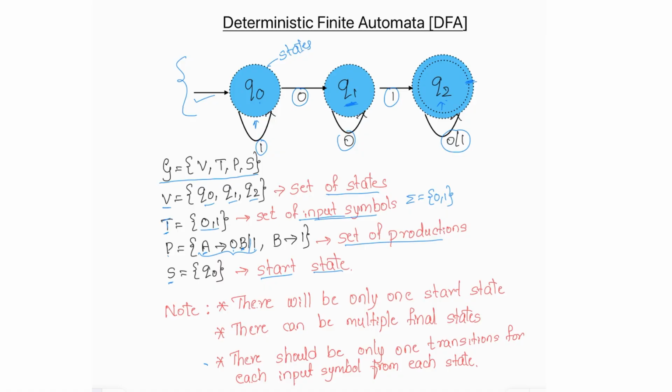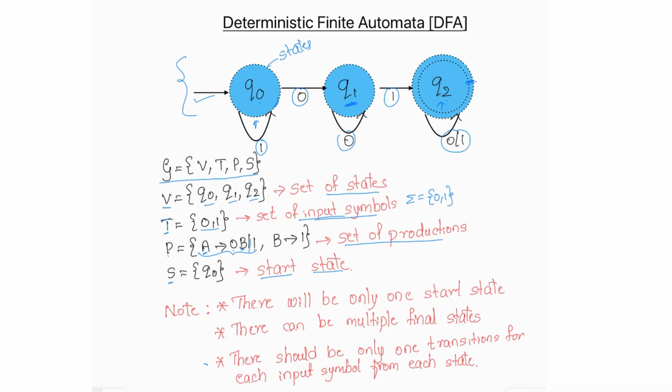As we can see in the given diagram, Q0 and Q1 have only one circle, but Q2 has two concentric circles. Wherever the two concentric circles appear, they are called final states. Whenever we define a DFA for a given language, for the final state we draw two circles.